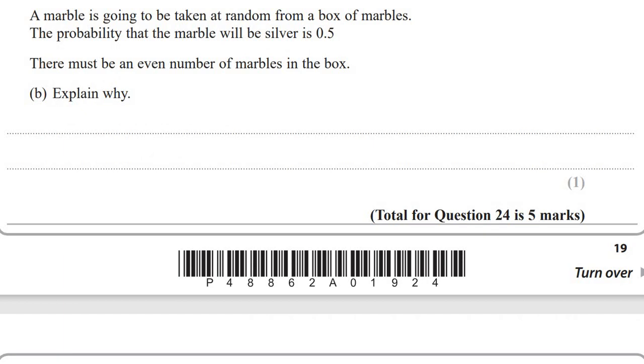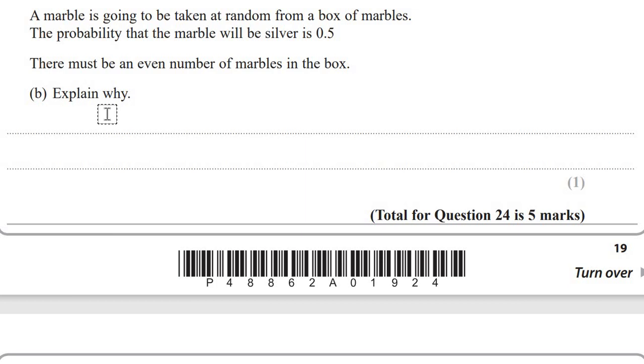All right, next we have, so the probability that the marble will be silver is 0.5. Now, there must be an even number of marbles in the box. Explain why.